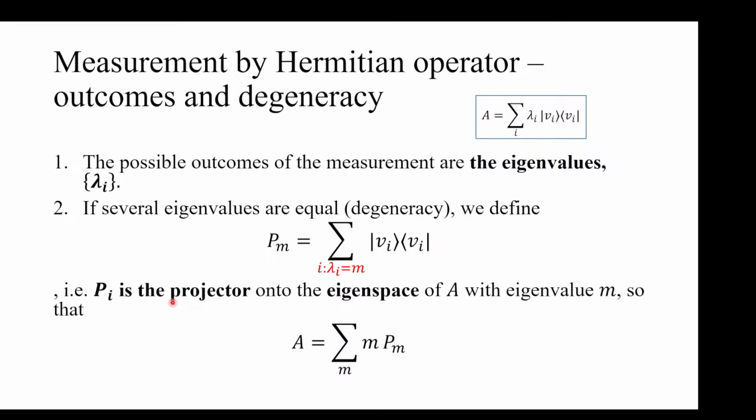So Pm is the projector onto the eigenspace of A with eigenvalue m. Instead of writing A as a summation of lambda i times projector onto vi, we have A equals the summation over m of the different eigenvalues m times Pm, the projector onto the eigenspace associated with eigenvalue m.